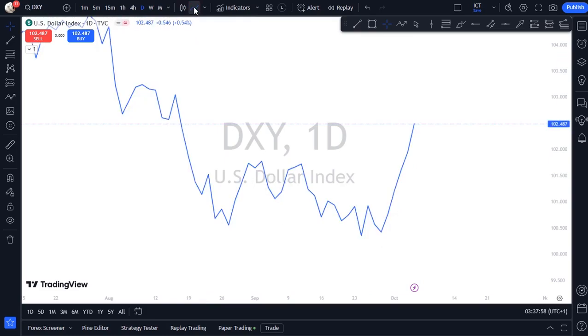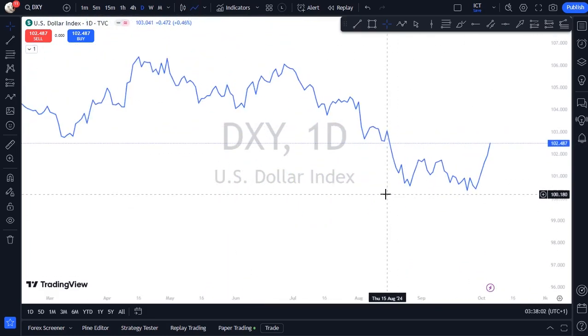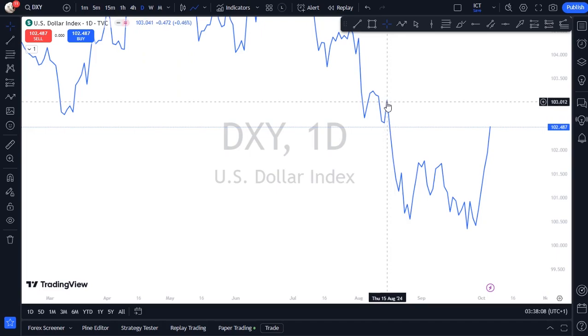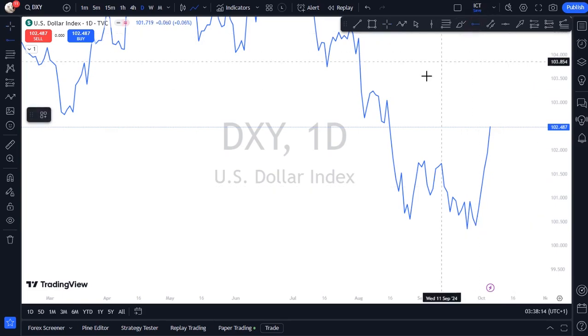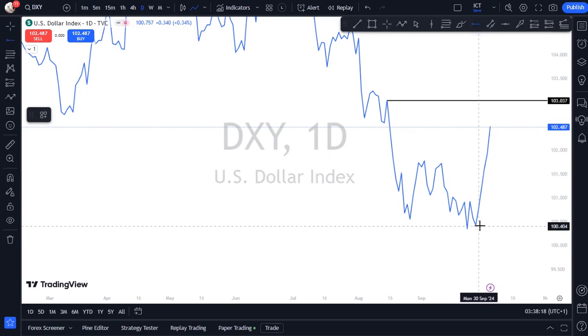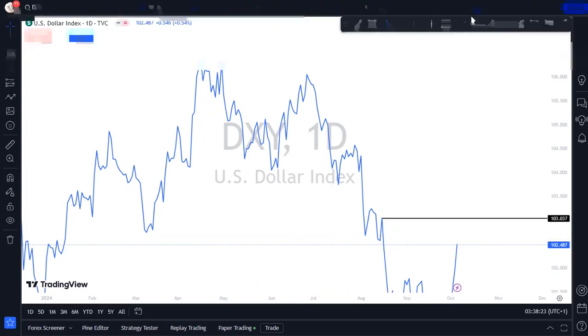When you look at your line chart, I want you to observe that there are peak formations and crest formations. So if I put my line here, this is a peak, right? And if I put my line here, this is a crest. We can identify other peaks as well.